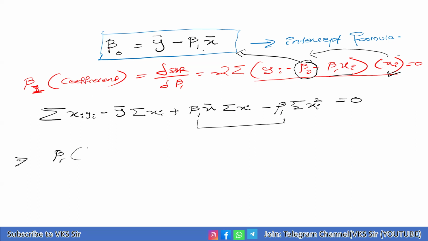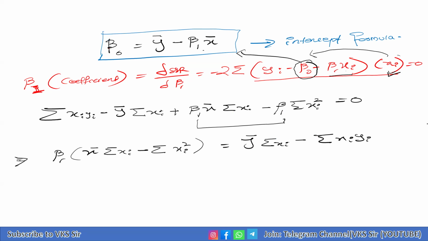Now, x mean sum of xi negative sum of xi square. Next is equal to: y mean sum of xi negative sum of xi yi.